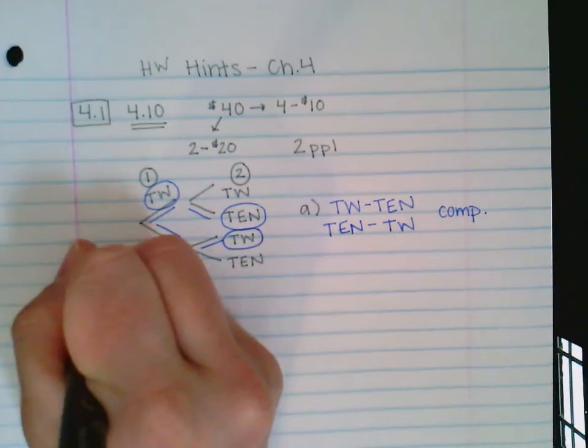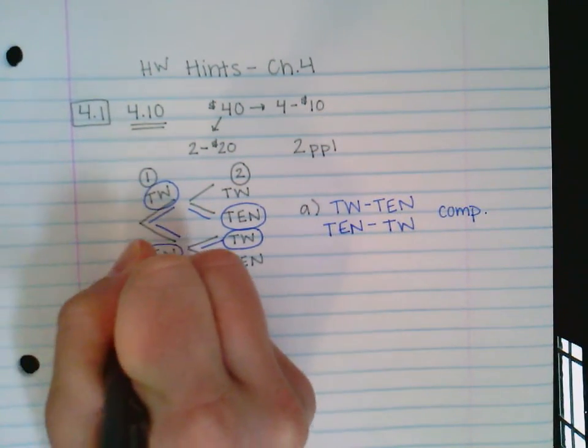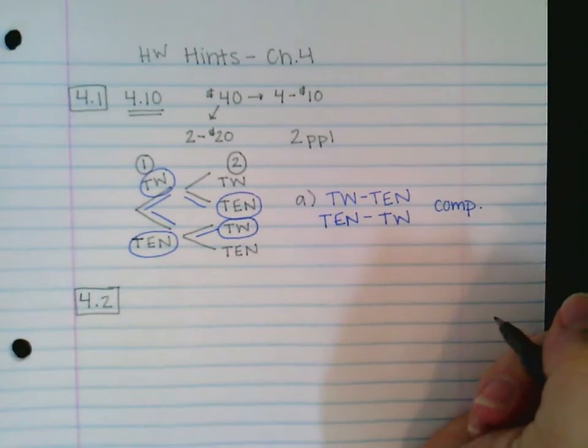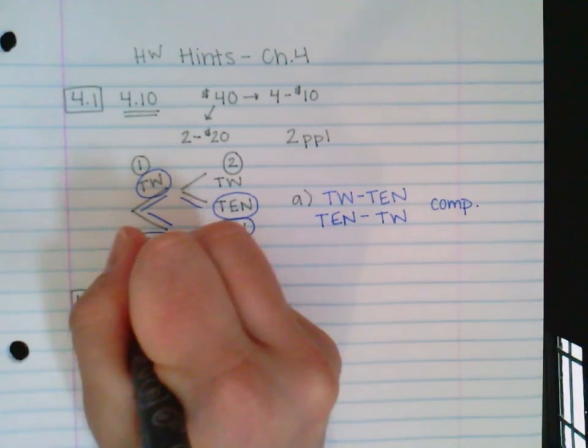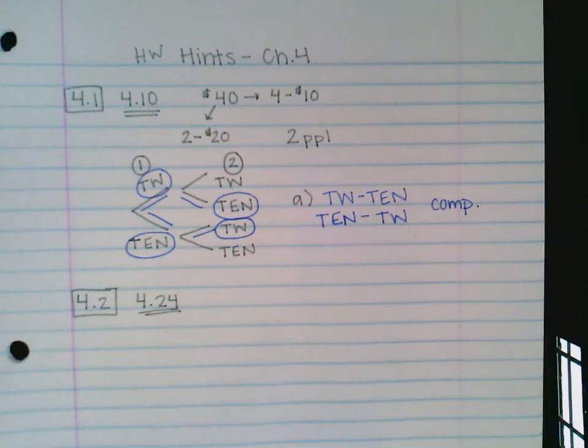Let's look at section 4.2 questions. And for this one, I want to do 4.24. All right, so in this problem for 4.24, it tells us that there are 300 adults.